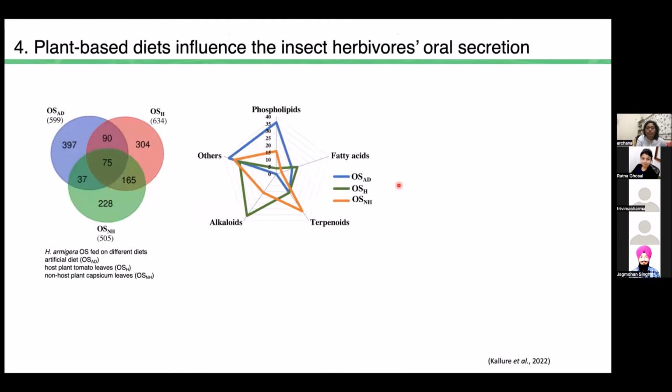And coming to the fourth objective, where I told that we try to explore the idea that the insects have preferences for the food.